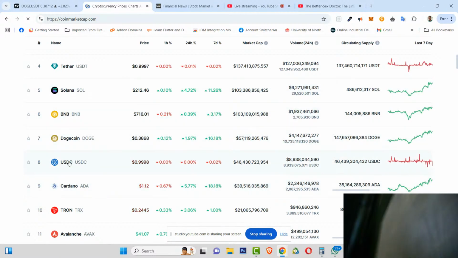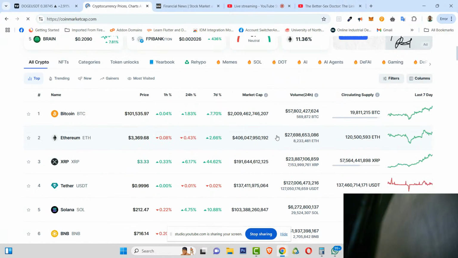So number 7 here is Dogecoin, right? So market cap here, as you guys can see, is 57 billion. Am I correct? Wow, $57 billion. That's crazy. And the volume traded in the past 24 hours is 4 billion.